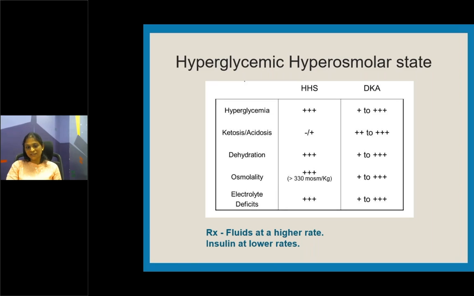Fluids are given at a higher rate. After replacing the resuscitation fluid, we start them on 0.45% NS, and we give replacement fluids at a little higher rate. And insulin is usually started at very low rates. We usually start at 0.02 to 0.05 units per kg per hour in HHS when compared to DKA.